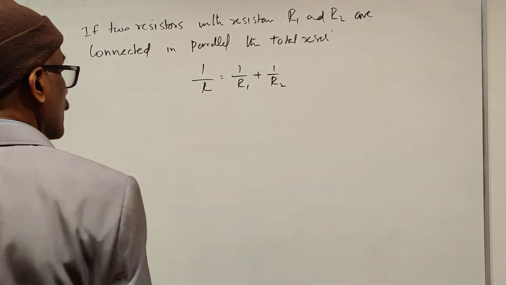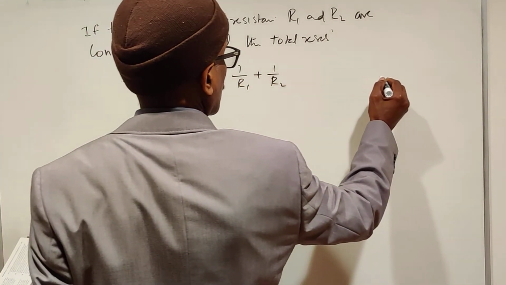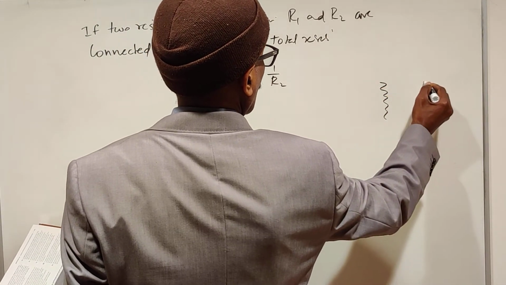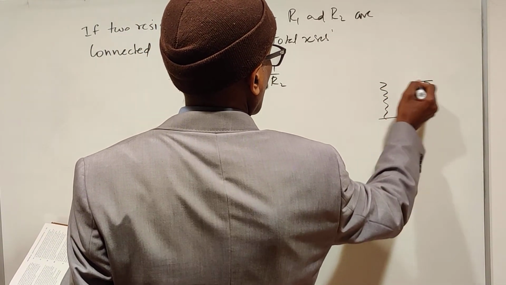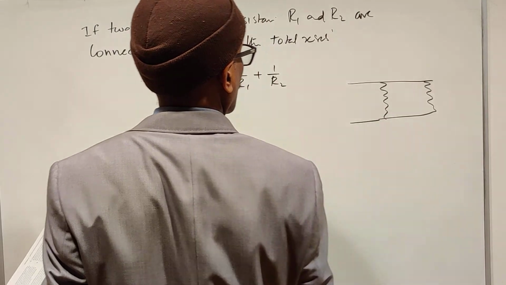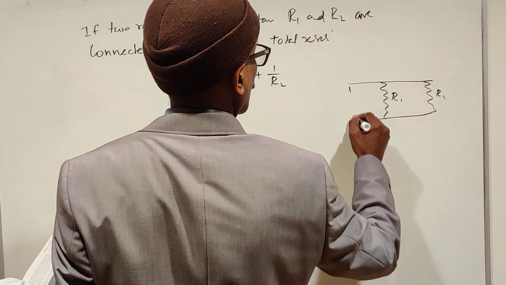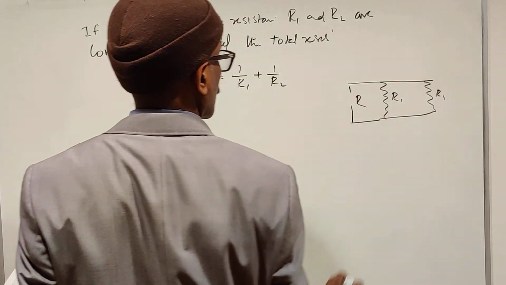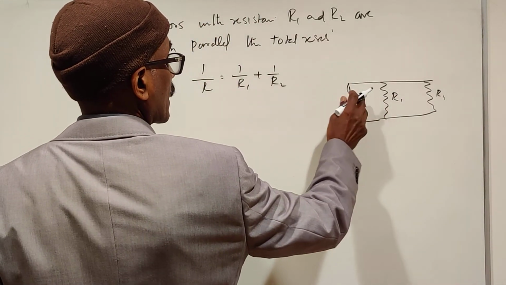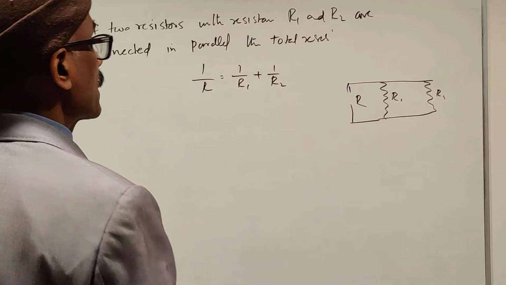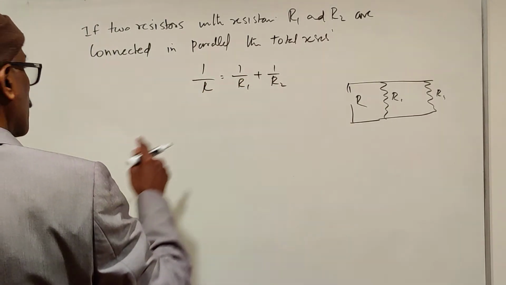These are the parallel connection. This one is R1, this one is R2, this is the total resistance. We get the resultant resistance here. Okay, that is R. 1 by R is equal to 1 by R1 plus 1 by R2.